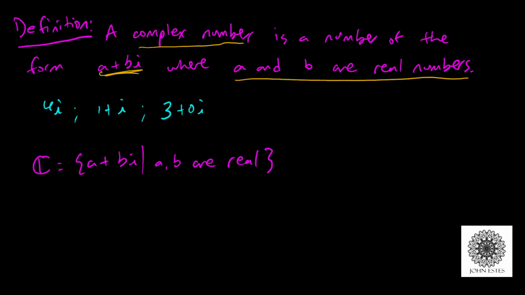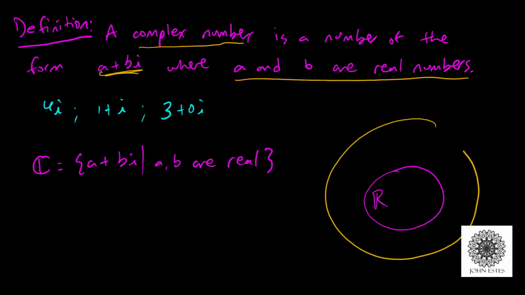We could do a Venn diagram like this. Here are my real numbers. Now we have a much broader set that includes the real numbers, but a lot of other things as well, right? So for example, i is not a real number. 3 is, but 3 would also be a complex number. So you've been dealing with complex numbers for a long time.